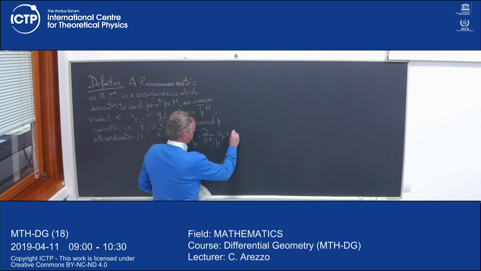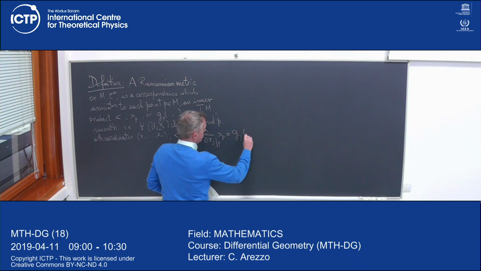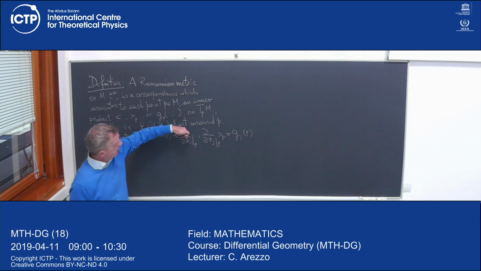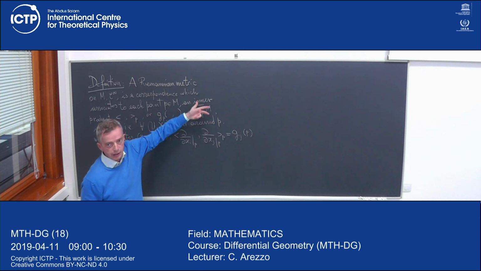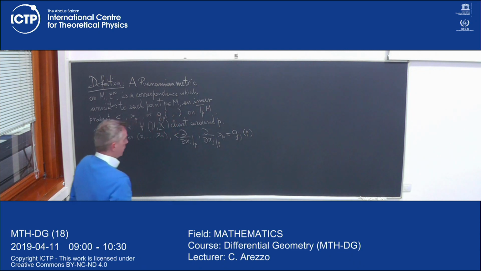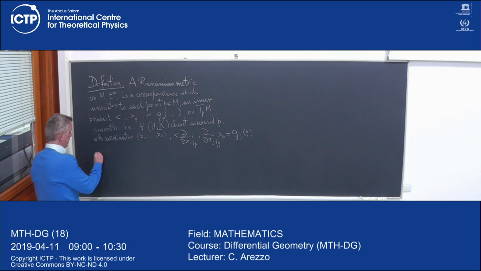So first of all, let's give a name to these things, and I will call them like this. These are functions, no? Because if I fix i and j, this is a function. It's the scalar product, and it depends on P. But now I know what it means to say this is smooth.